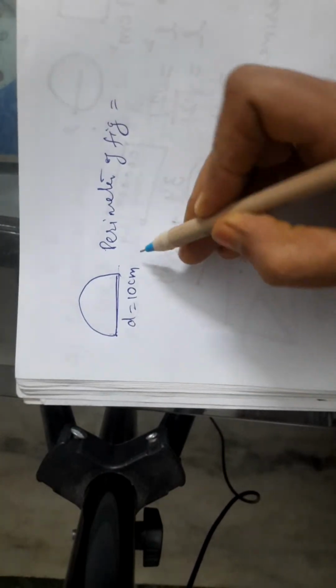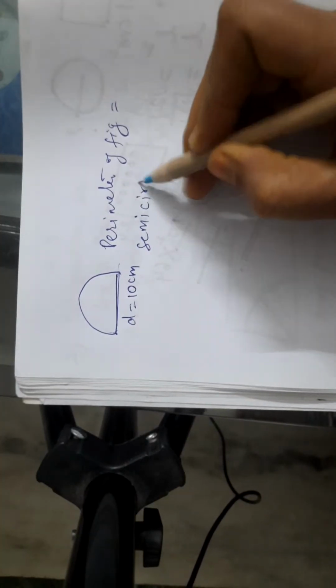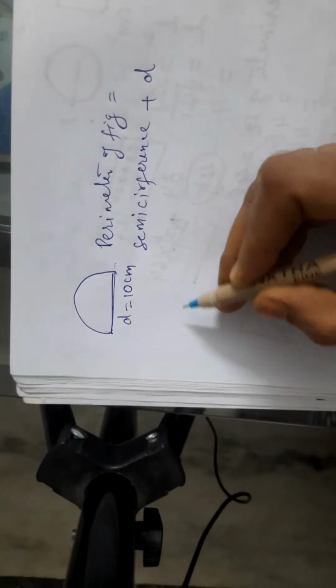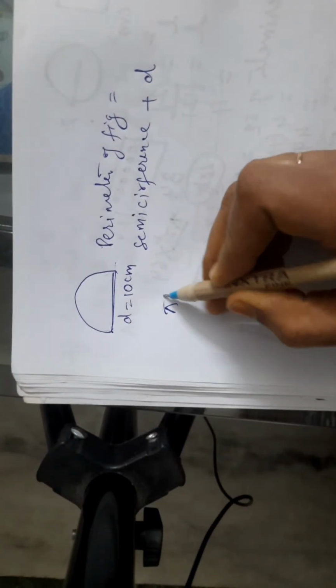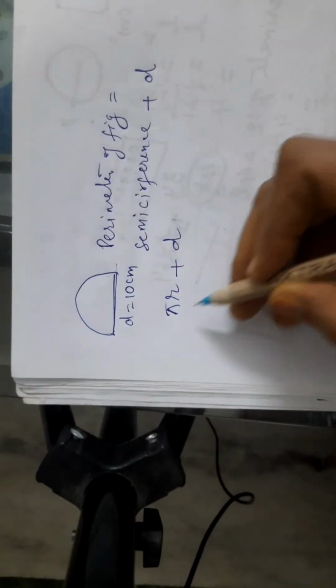So it's semicircumference, as a semicircle is there, then the diameter is to be added to that. Now the formula of semicircumference is pi r, and then the diameter is d.